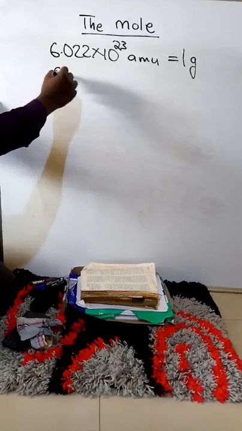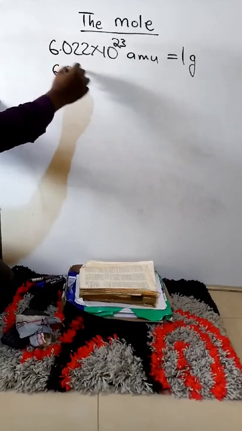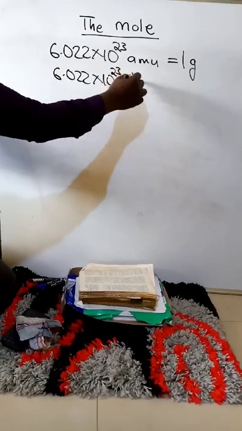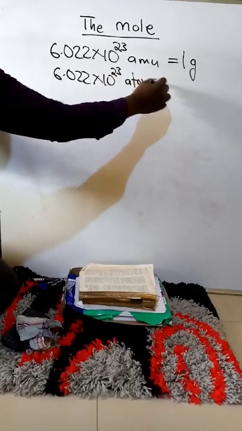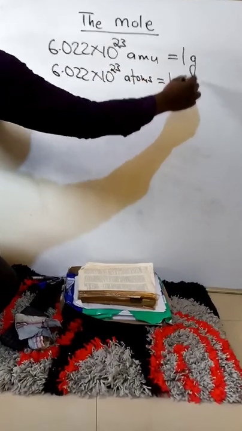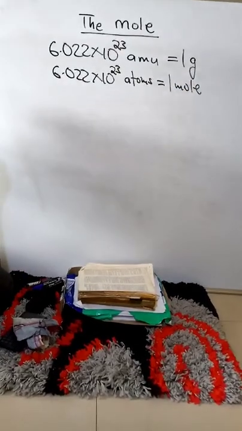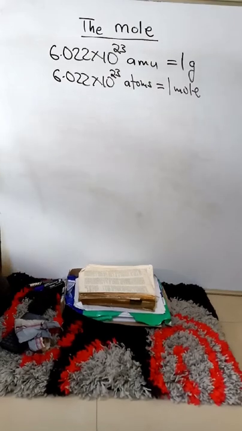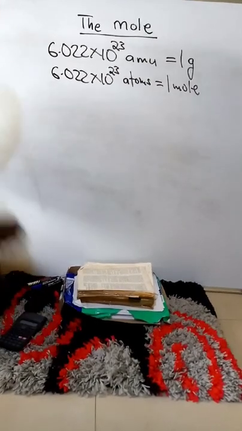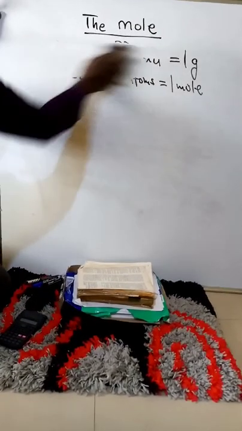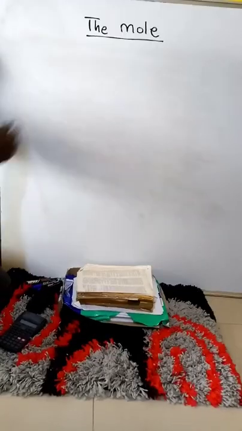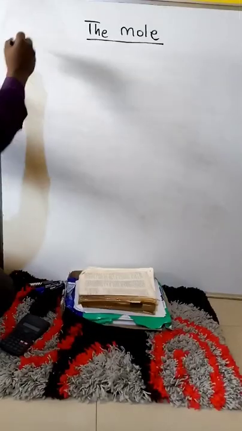Then also, 6.022 times 10 to the power 23 atoms is equal to 1 mole. So make sure we know these two relationships.